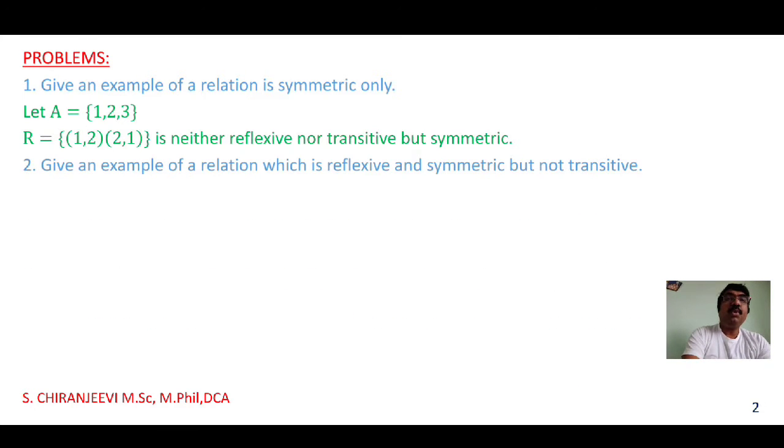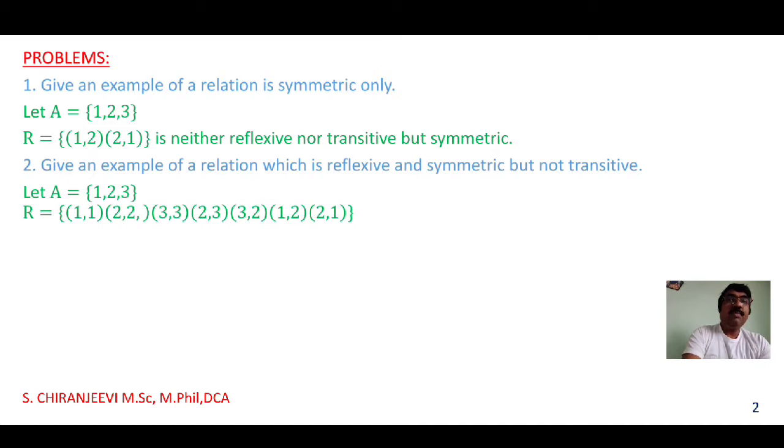Second one, give an example of a relation which is reflexive and symmetric but not transitive. Reflexive means (a, a) needs to be in the relation. Similarly, symmetric is nothing but (a, b) and (b, a) need to be there. But transitive is (a, b), (b, c), then (a, c) needs to be in the relation. For example, I'll take A equal to {1, 2, 3}.